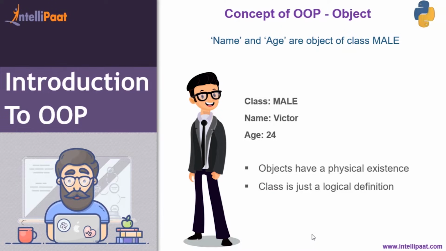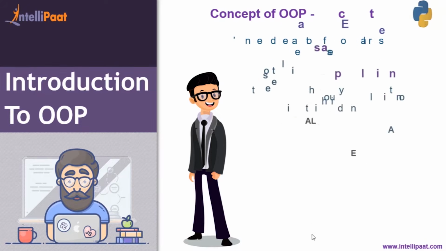So defining the name and age is the same as defining their object. An object is something which has some physical existence in the world, such as the existence of Victor at the age of 24, correct? On the other hand, a class is just a logical definition which tells that Victor belongs to the category of male. Let's move ahead.